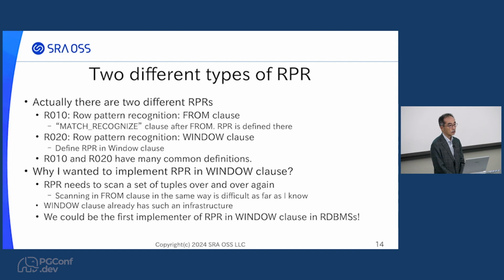However, the window clause already has this kind of infrastructure, and that is the reason why I wanted to implement RPR in R020. Also, if we could implement R020, then this must be the first implementation in the whole RDBMS world.